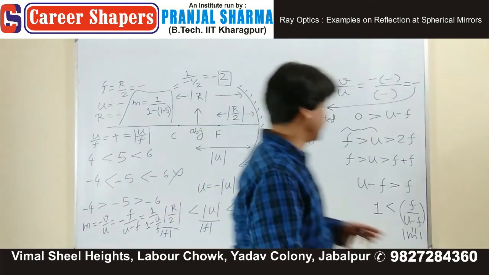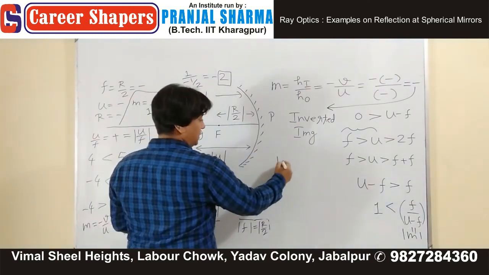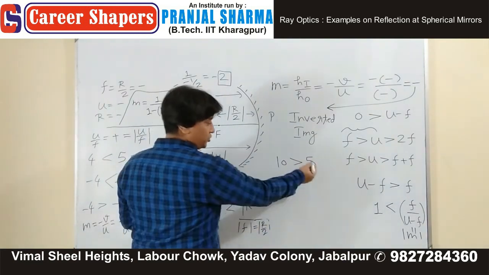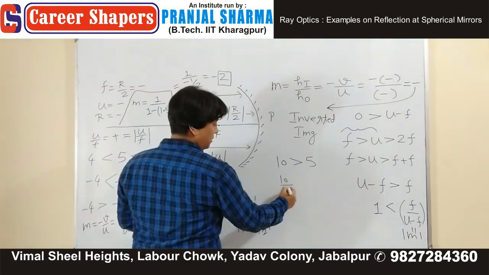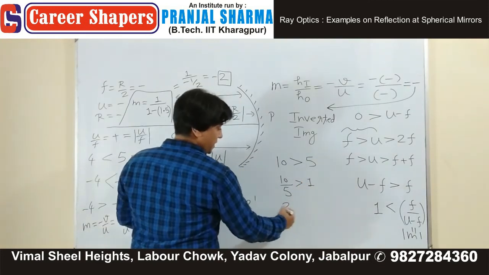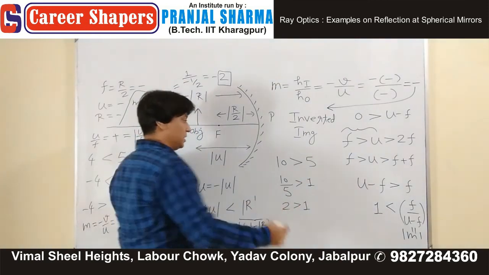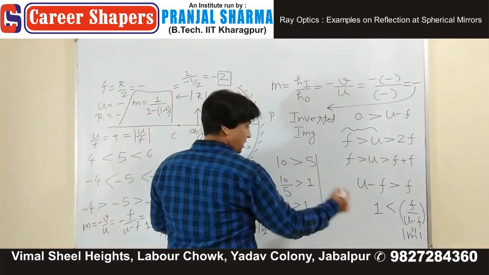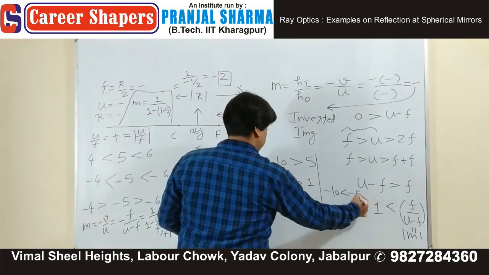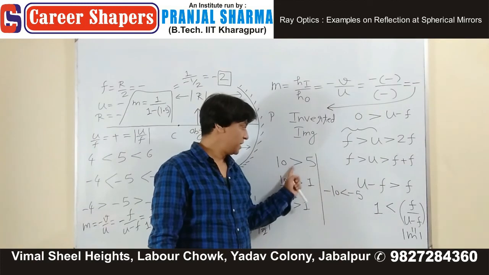But I have asked you, if you say that 10 is greater than 5 and you shift 5 over here, then everything is good. But if I say minus 10 is less than minus 5, which I told you, if I put a negative sign, I need to change the sign.